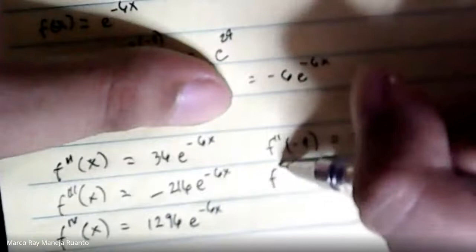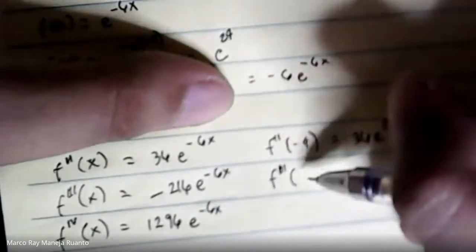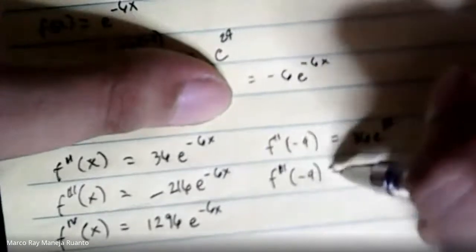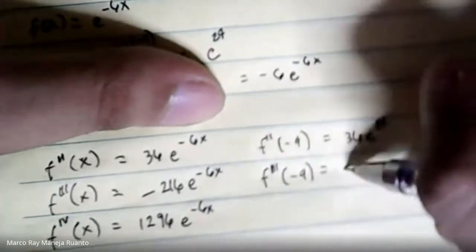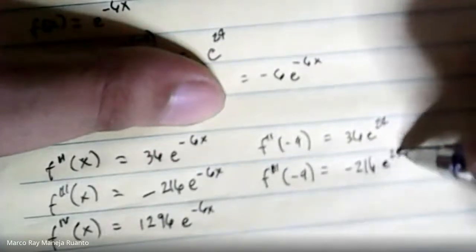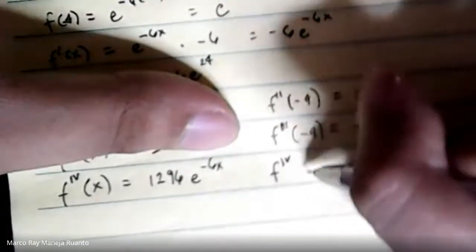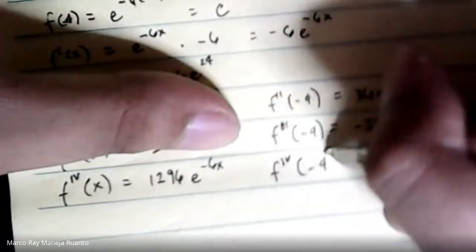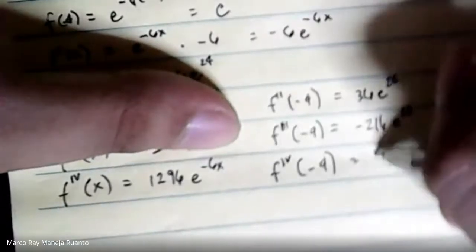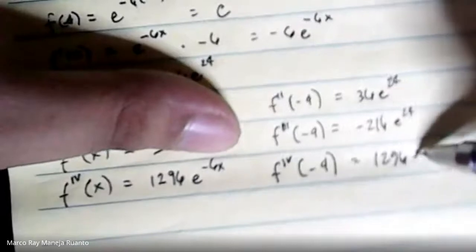Then f third derivative of negative 4 will be negative 216 e to the positive 24. Then f fourth prime, that would be 1296 e to the 24.